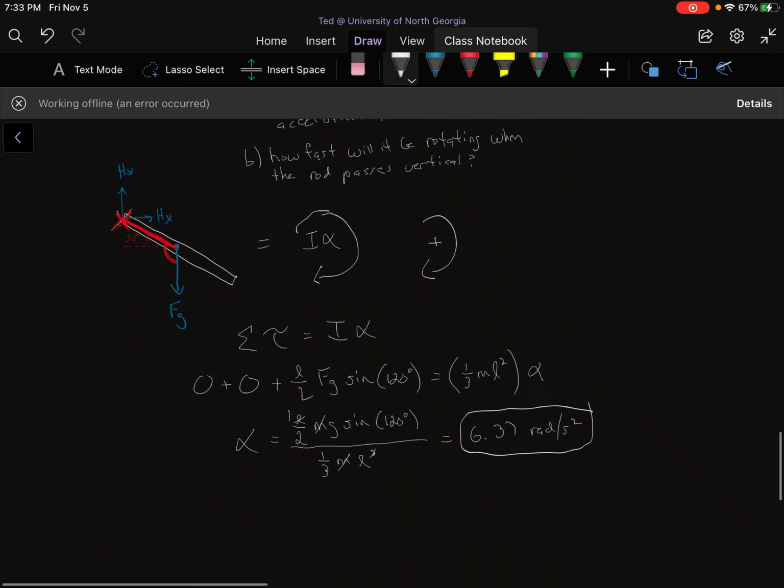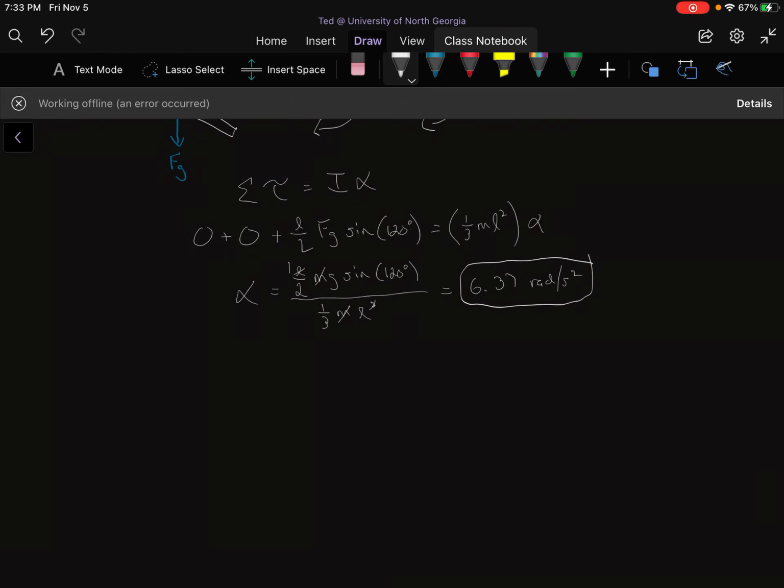So here's all the stuff for part A, but for part B, conservation of energy, we're going to use before and after pictures. In my before picture, we have a rod that is at 30 degrees. And I'm just going to draw right here on the same picture the after.